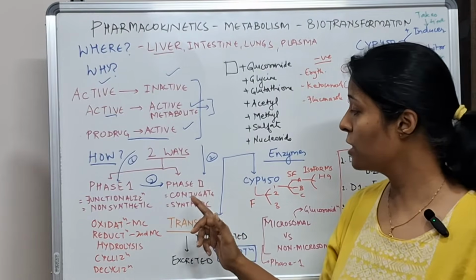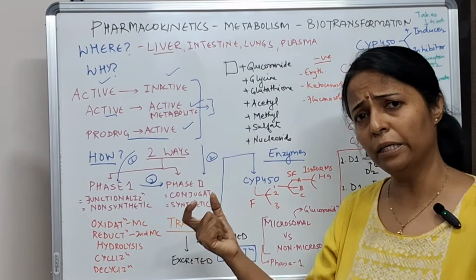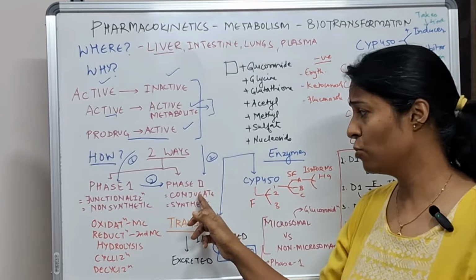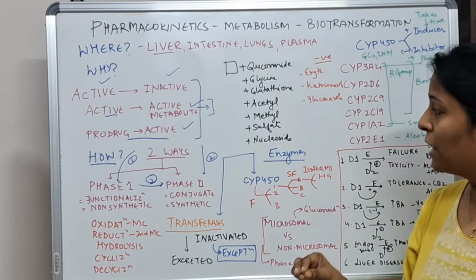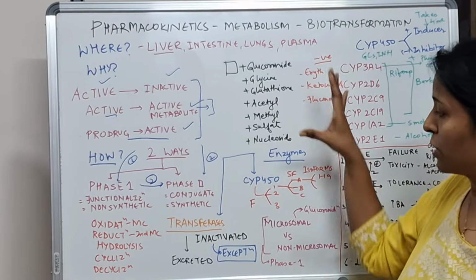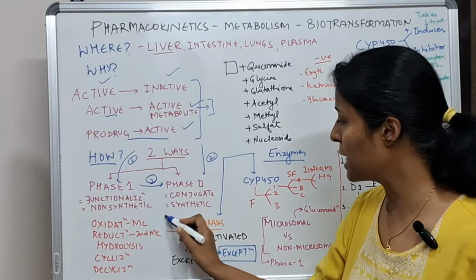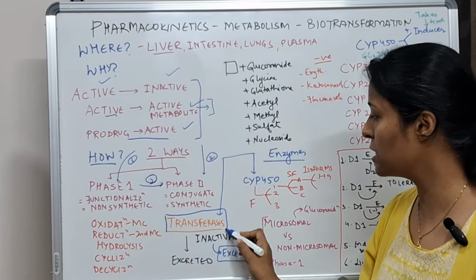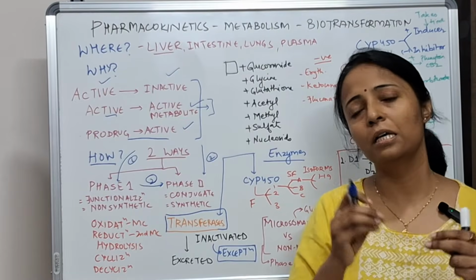Phase 2 reactions are conjugate or synthetic reactions. That means a separate component, known as a conjugate, is added to the drug, and that forms some other products. Now these phase 2 reactions are brought about by enzymes known as transferases, because they are going to transfer a component to these drugs.